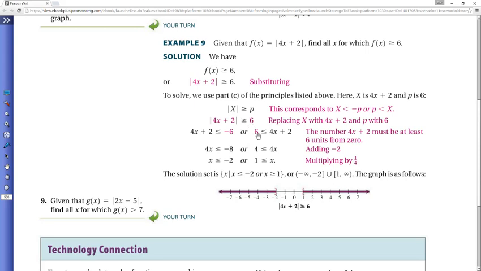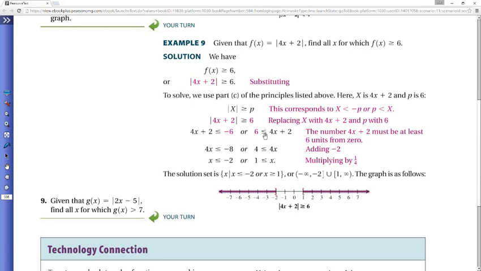And here 6 is left of this, or if I flipped it around, 4x plus 2 is greater than 6, or these values in here, to make this absolute value greater than 6, these positive ones have to be on 6 or to the right of 6. I can kind of think about that graphically as distance from 0, right? Distance from 0 has to be true on these greater than things.